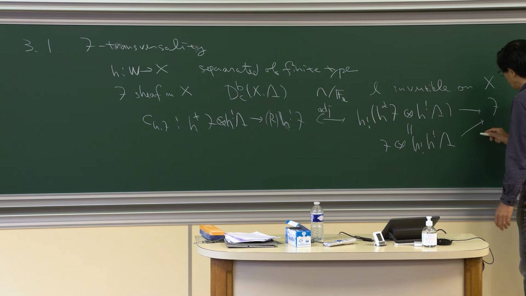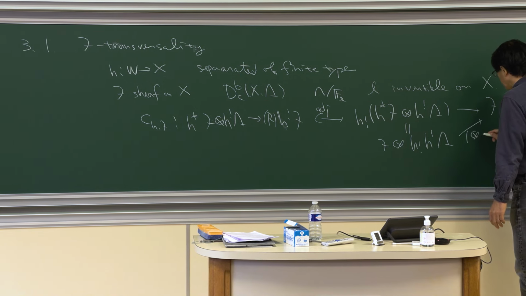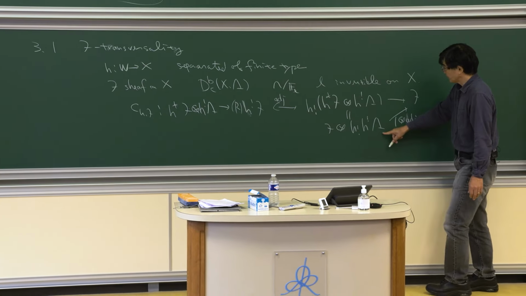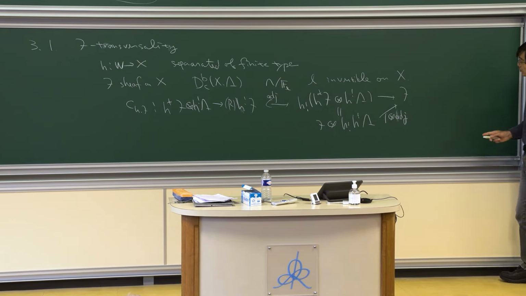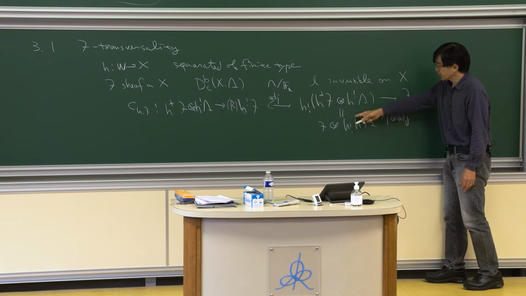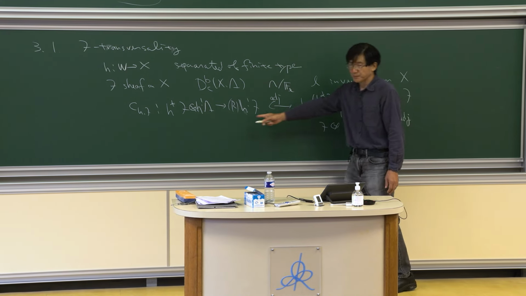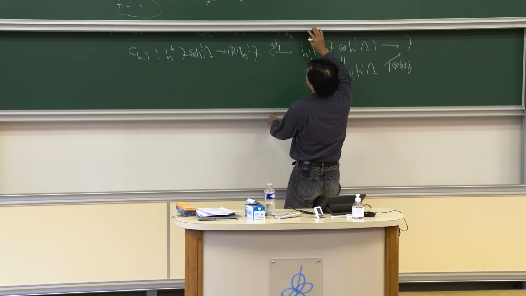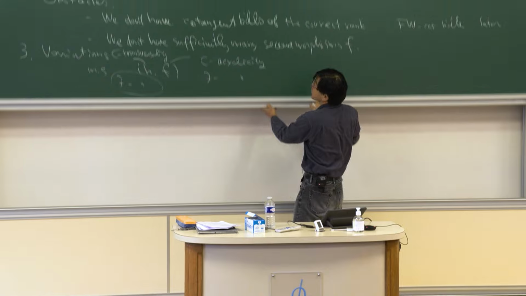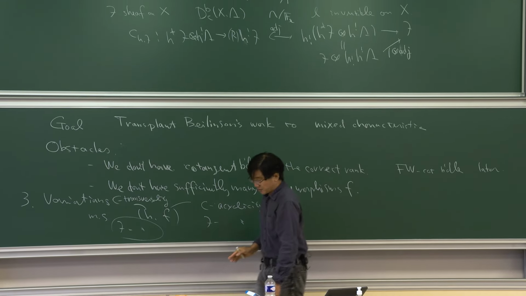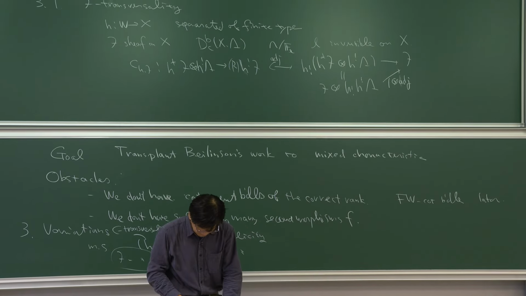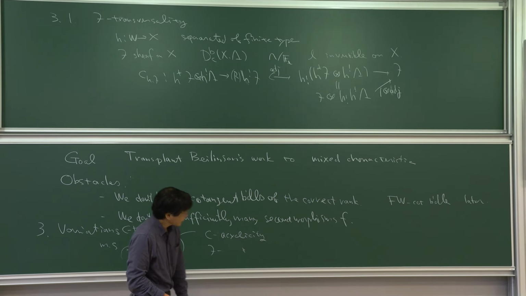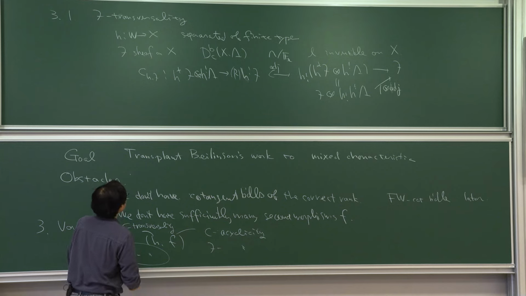Then we have the adjunction map to lambda. So by the projection formula and adjunction, this morphism is defined.